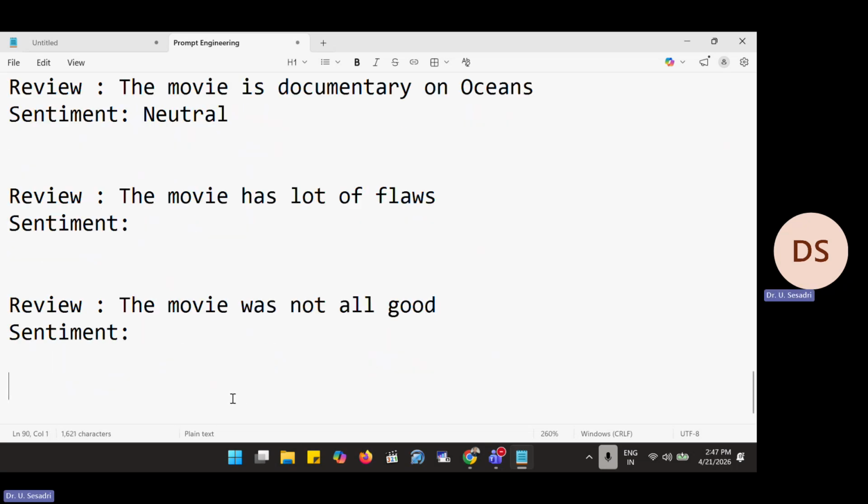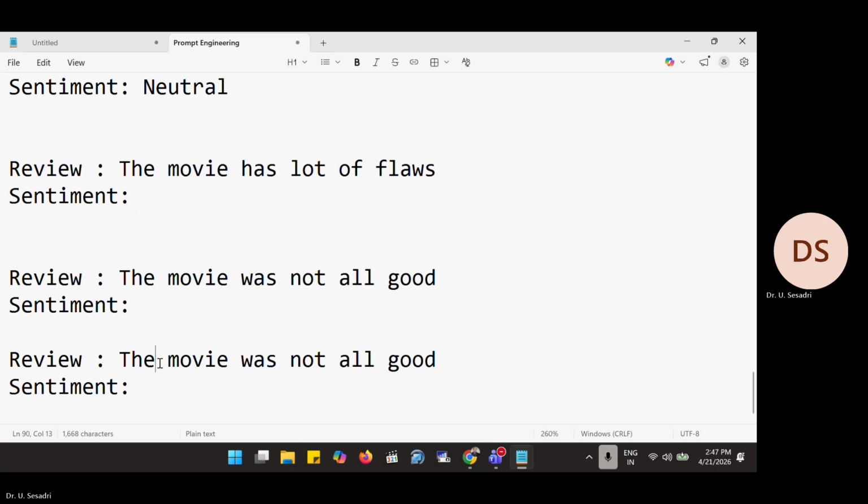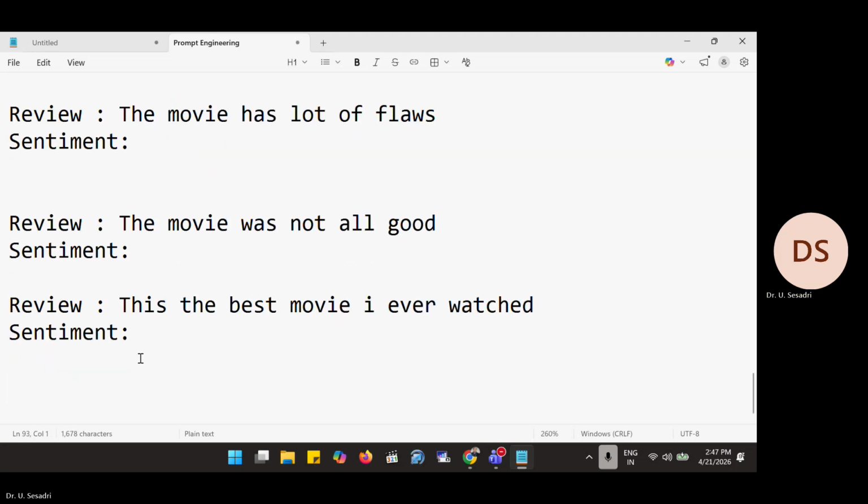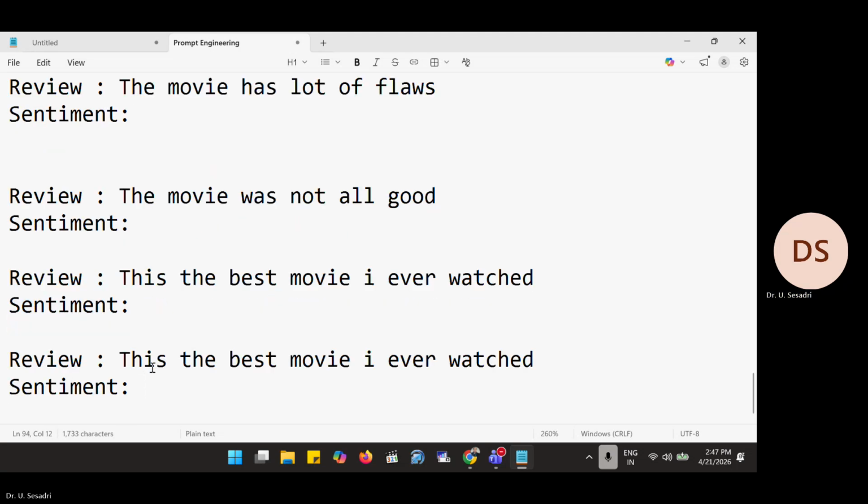And the next: this is one of the best movies I ever watched. Sentiment I am not giving. Next, one more I am giving: the review is, this is one of the pathetic movies.